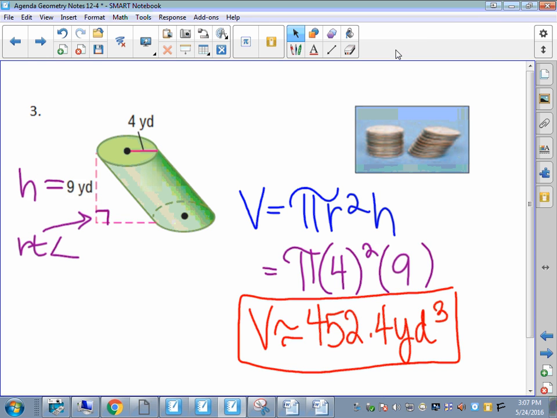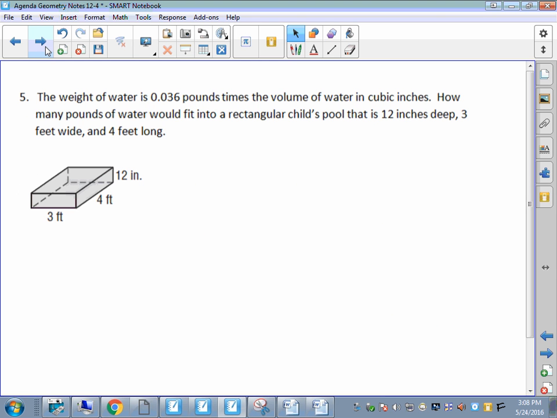Alrighty, last but not least, let's look at a prism. The weight of water is 0.036 pounds times the volume of water in cubic inches. How many pounds of water would fit into a rectangular child's pool that is 12 inches deep, 3 feet wide, and 4 feet long?